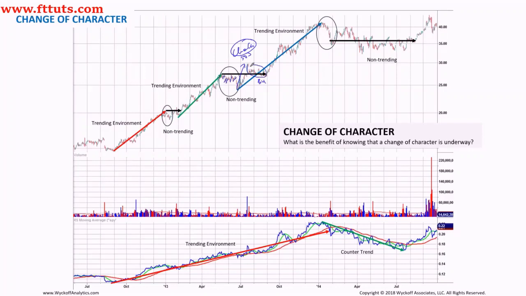And then the backing up action confirms that. So here we're thinking if this is a change of character, again, this is the timing for us to find points of entry in this area, as our assumption about the trend is such that the uptrend will be resumed again.